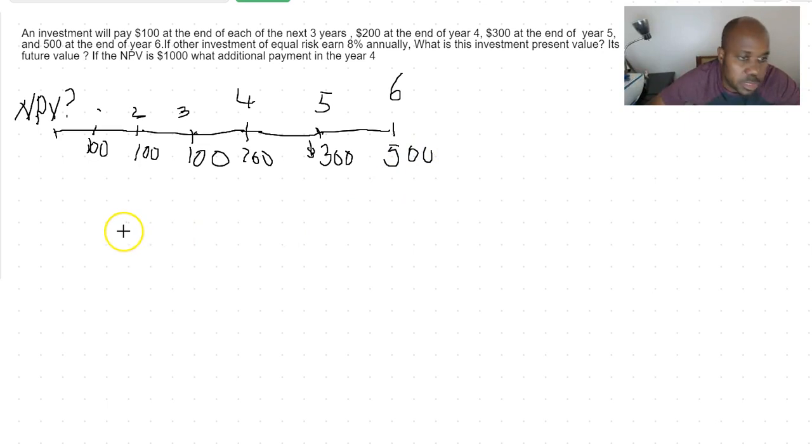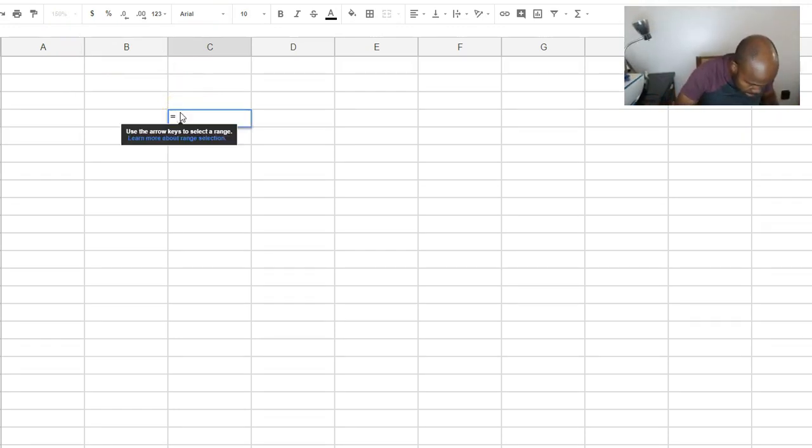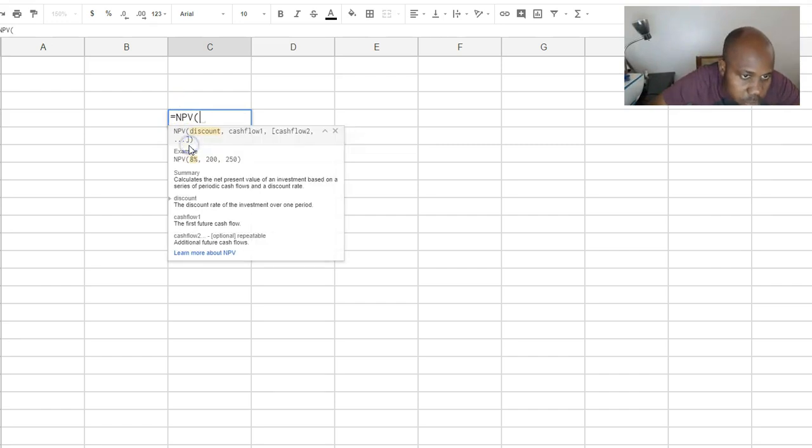Now what they are asking is simple. We need to find out the net present value. So what you do is pretty simple. If you go on your Google Sheet, you just type the symbol equal, and then you type NPV. This is the net present value.